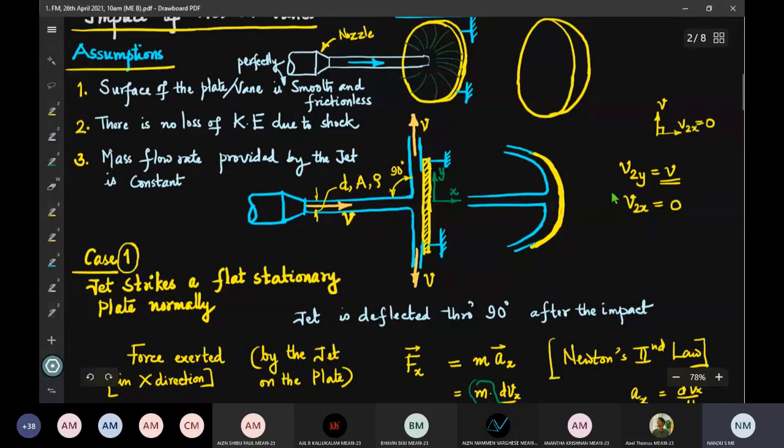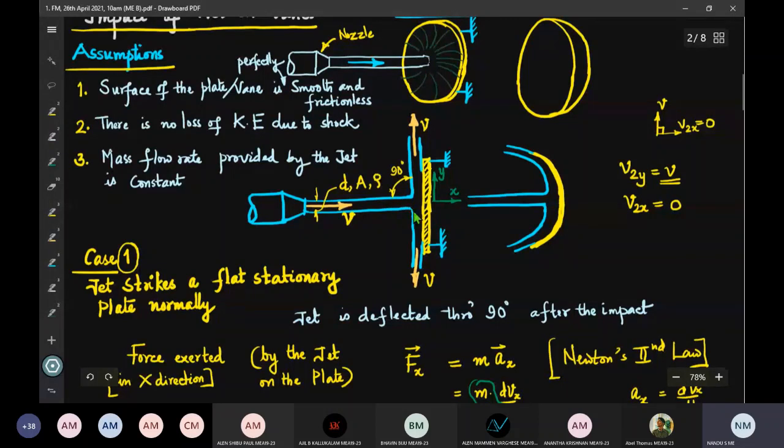It doesn't have a velocity component in the x direction, because after impingement it is going in the vertical direction. A vertical vector doesn't have a horizontal component. So v1x is v and v2x is not v, it is 0.